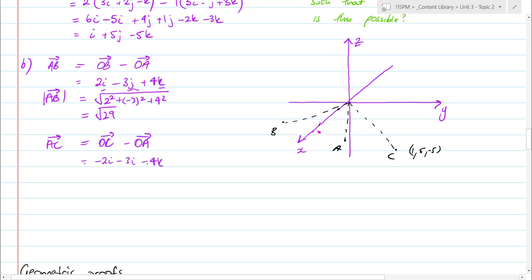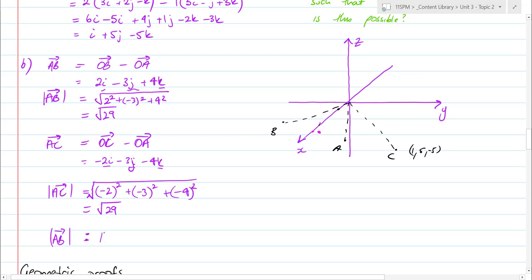And so therefore the modulus of AC is equal to the square root of negative 2 squared plus negative 3 squared plus negative 4 squared, and that's equal to the square root of 29 as well. So we get the same thing. And therefore, that ratio, AB to AC, is equal to 1 to 1.